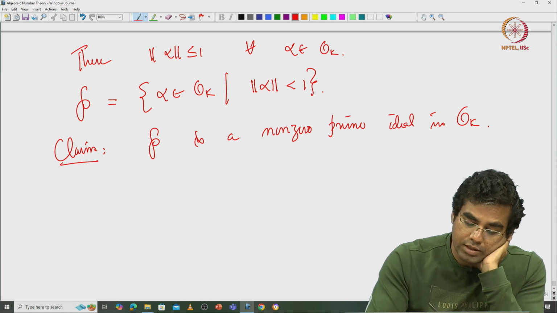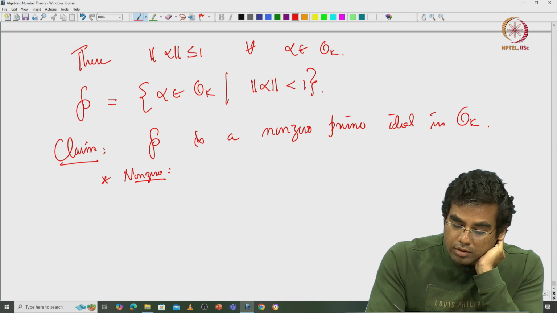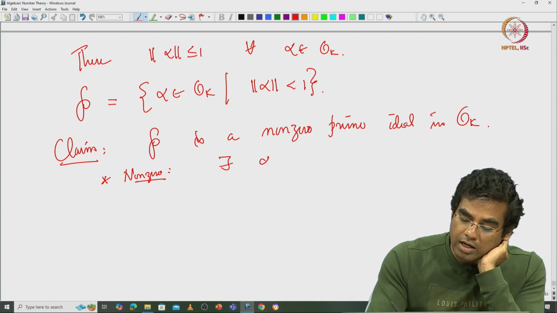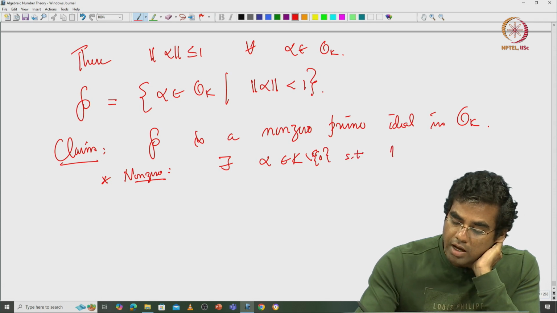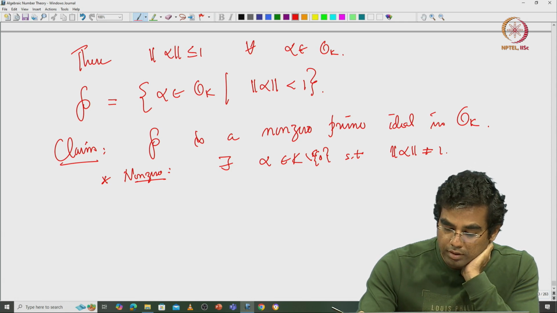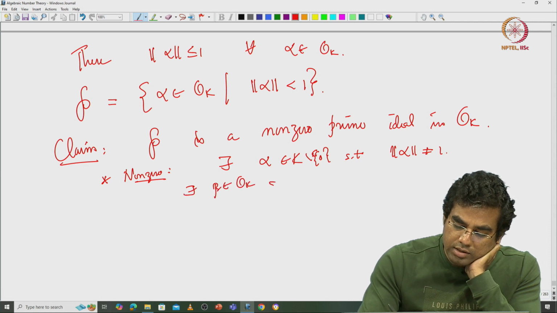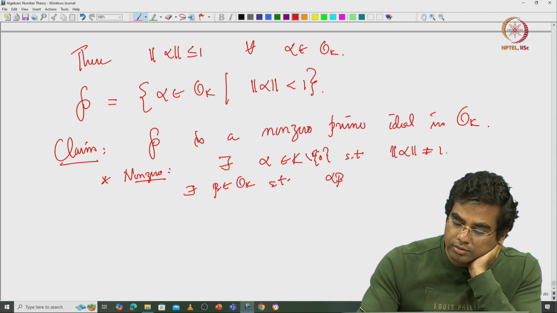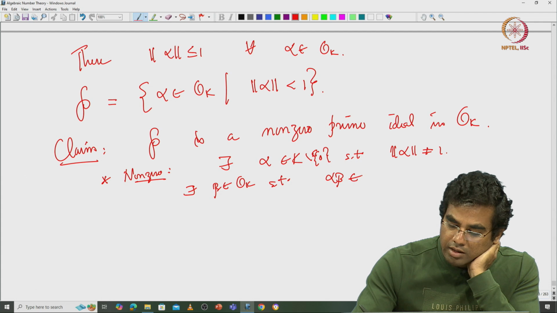So, first of all, why is it non-zero? There exists alpha in K minus 0 such that valuation of alpha is not equal to 1, right. So I can always find beta in OK such that alpha times beta is inside OK.